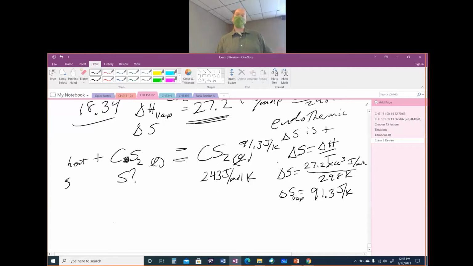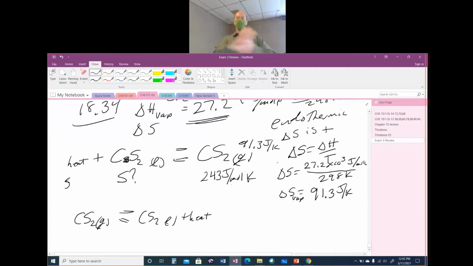So the question says 1 mole of vapor in equilibrium with the liquid condenses to a liquid. So they want the reverse reaction. If we do the reverse reaction, we have CS2 gas going to CS2 liquid plus heat.